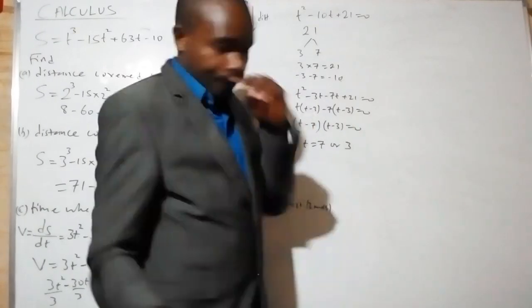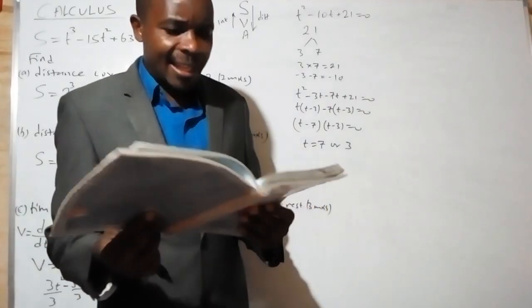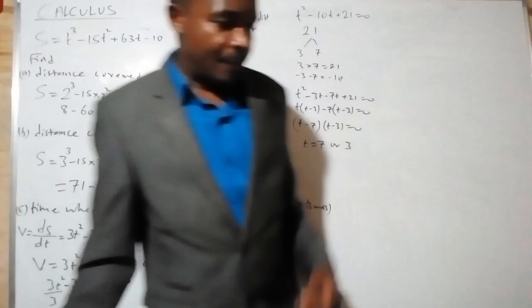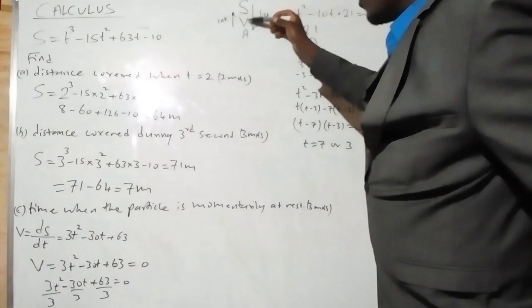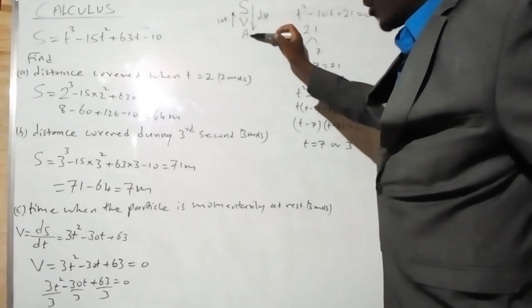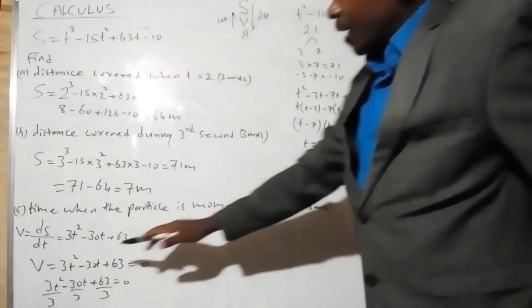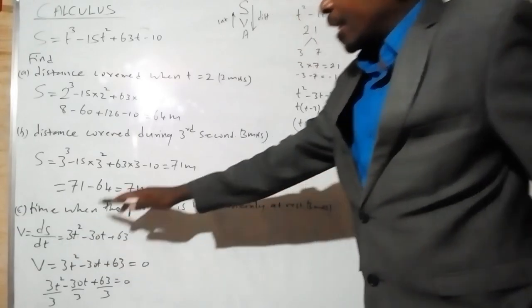Next, the acceleration when t is equal to 5. Now, we are going to differentiate the equation of velocity to arrive at acceleration. This is the equation of the velocity. You differentiate it again to get the equation of acceleration.